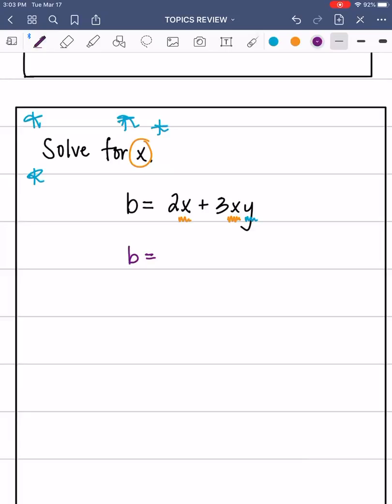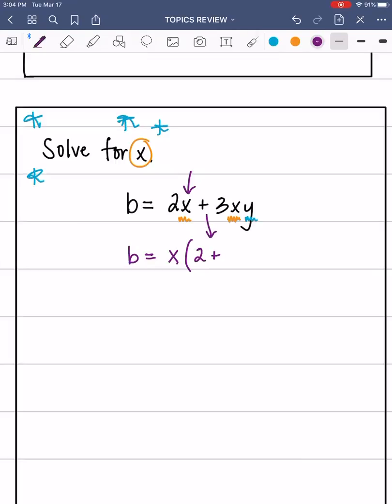Okay, both of these have this x in them, so what we're actually going to do is factor it out, is what we'll call it. It's like the opposite of distributing. We'll pull it out of both of them because they have it in common. So I'm going to write the x on the outside and then put parentheses in. If I pull the x out of this first term, all I'll have left is a 2. Now we still have the plus in the middle.